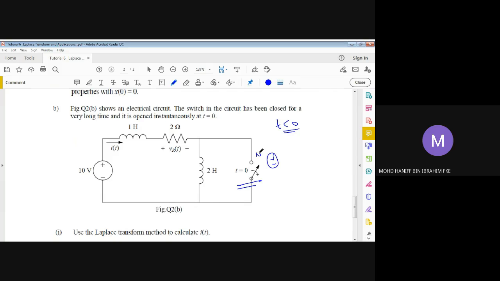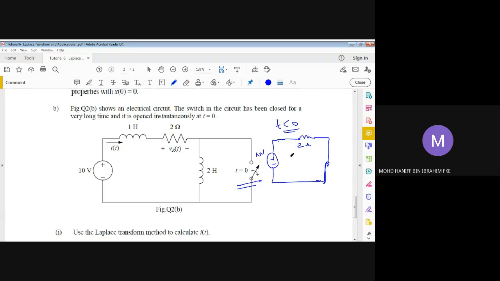This is 10 volt. The 1 Henry will be a short circuit because it has been there for a very long time. We have a 2 ohm resistor, then a short circuit still, because there should be no effect of 2 Henry. The current will pass through this switch. That should be the circuit's condition for t less than 0.